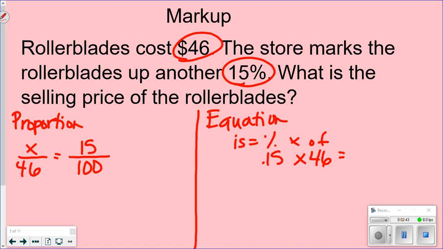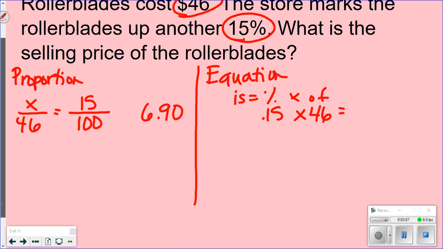So your percent markup, so 15% of 46, if you do both of these, you're going to get $6.90. And it might just say 6.9 in your calculator, but remember money has two places behind the decimal, so if it's just one, you can add a zero. So I know that those rollerblades are going to be marked up $6.90.